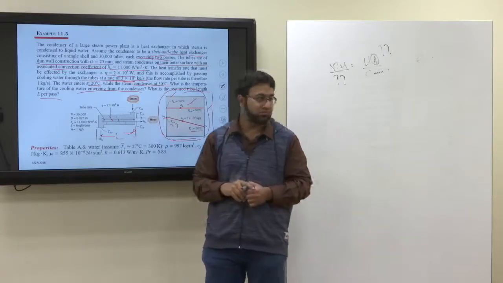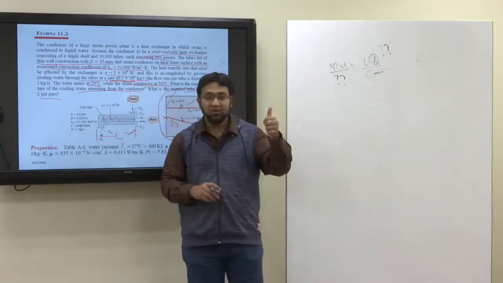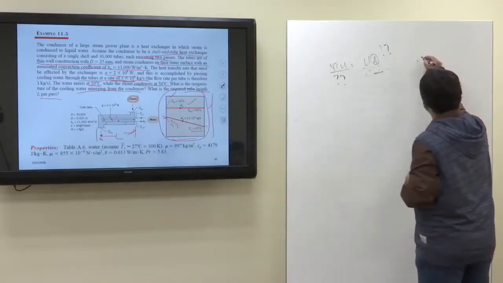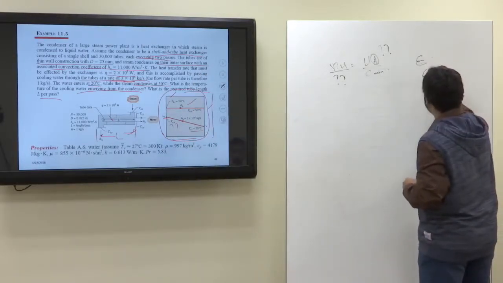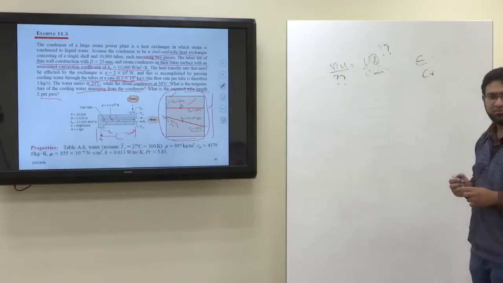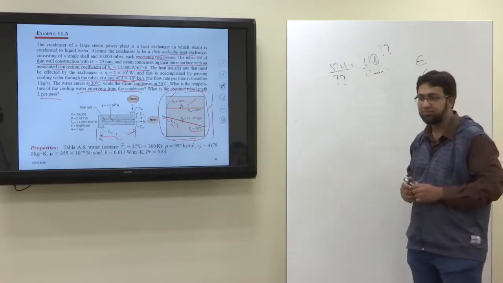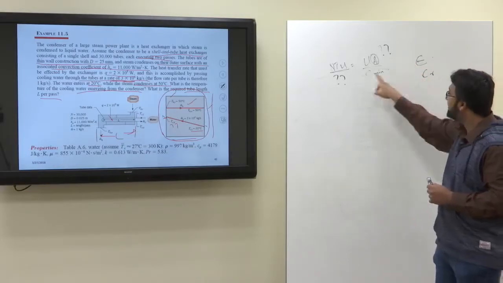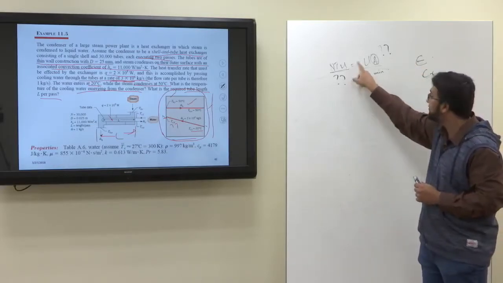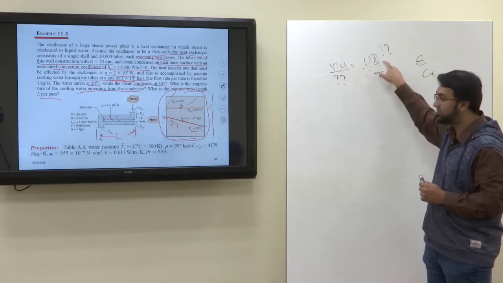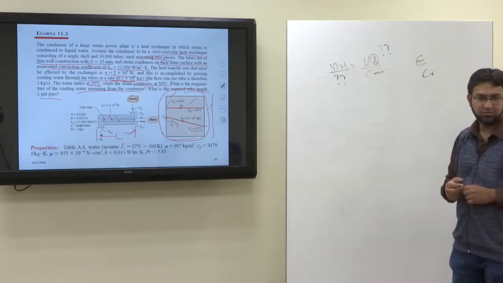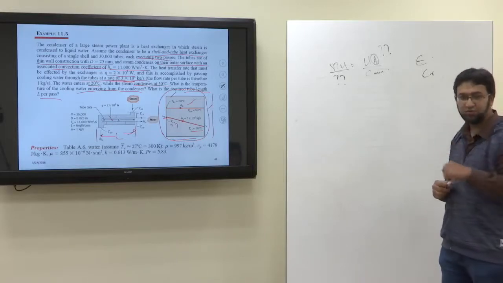But that correlation or graph would need effectiveness and CR. CR is C minimum divided by C maximum, right? So if we know effectiveness and CR, then we can find NTU. If we know NTU, U, and C minimum, we'll find area. If we know area, we'll find the length. So you're getting the sequence through which we are solving the problem?